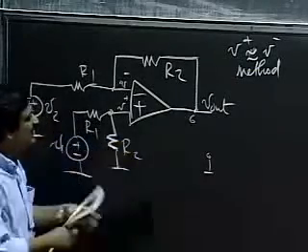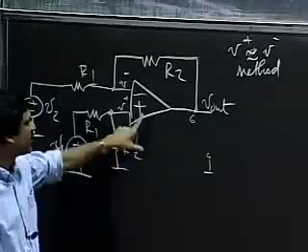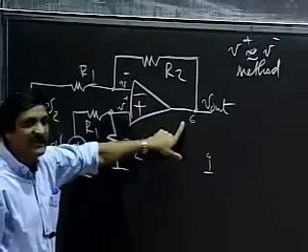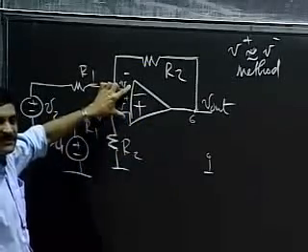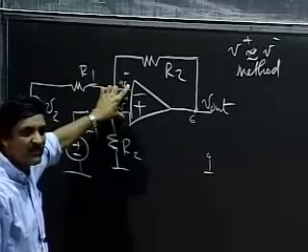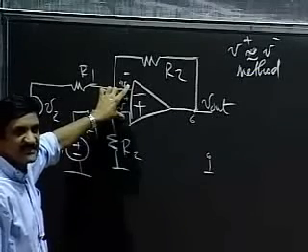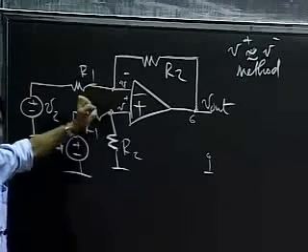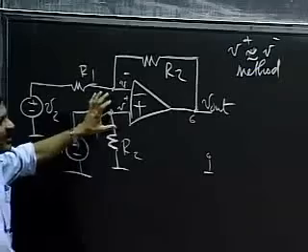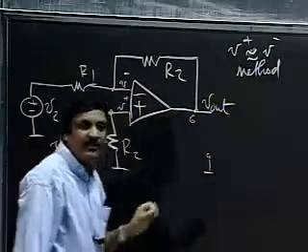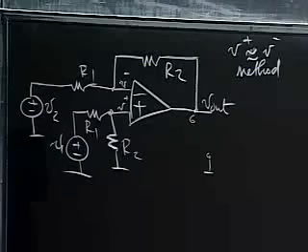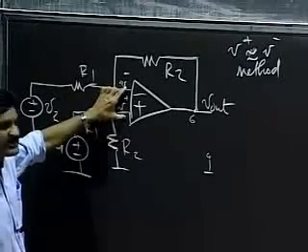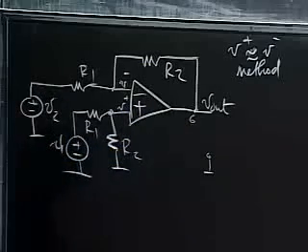If the amplifier has a gain of 1,000,000, 10 to the 6, then to sustain 6 volts at the output, all I need is a difference of 6 microvolts here. 6 divided by 10 to the 6 is the difference between V plus and V minus. It's very, very small, so small as to make V plus more or less equal to V minus. All it takes is a very small differential voltage to give you 6 volts at the output.